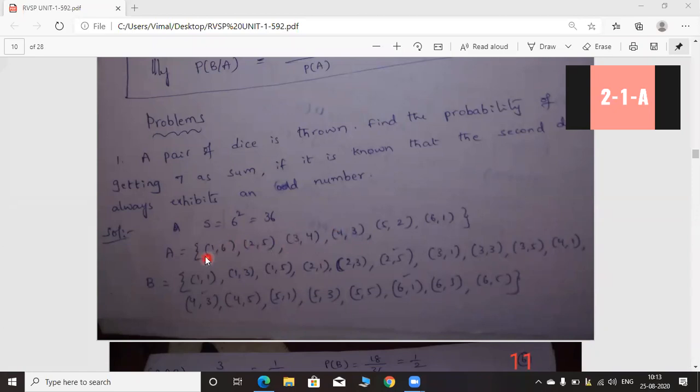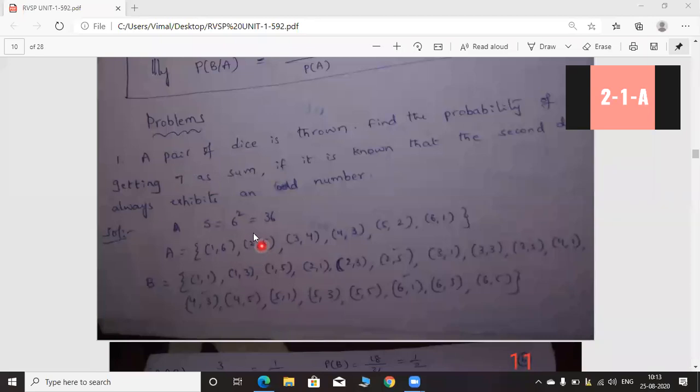If you throw a die for the first time, you may get 1, and 6 on the second. 1 plus 6 is nothing but 7, because we have to get the sum as 7. On the first die we have got 1, on the second die we have got 6. So 1 plus 6 is 7. The sum 7 is satisfied.